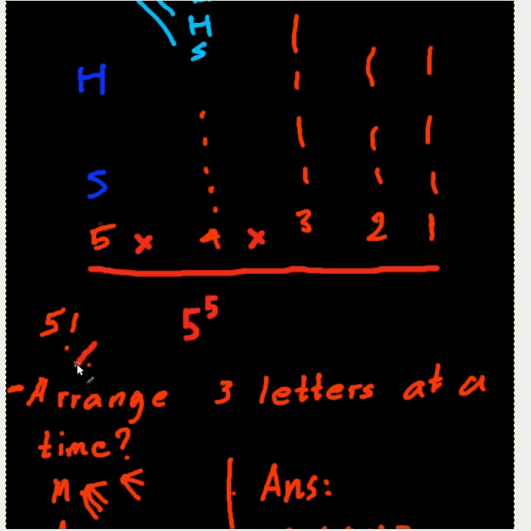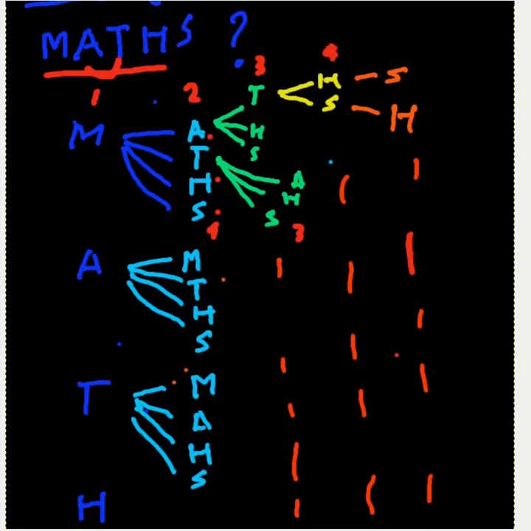So this is without replacement, and this is with replacement. But right now we're more worried about the without replacement case, the case where you can't use a letter twice. So we arrange all 5 letters.